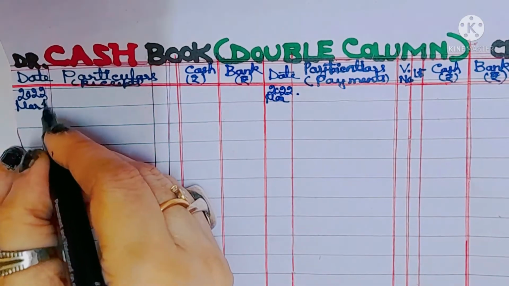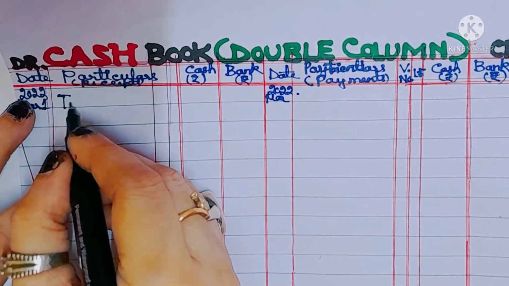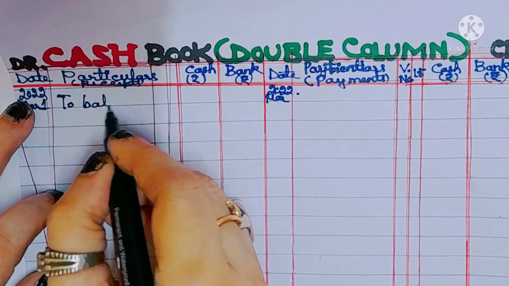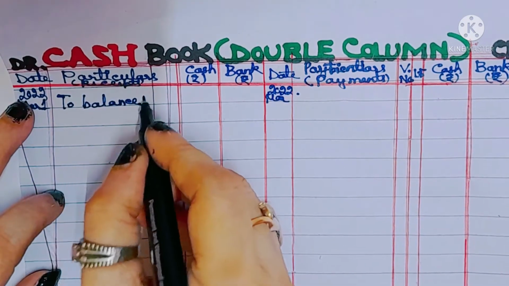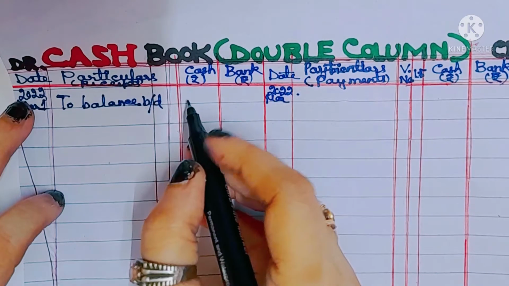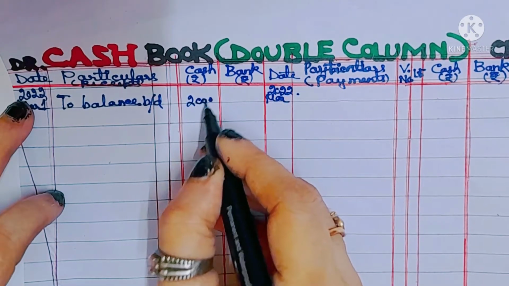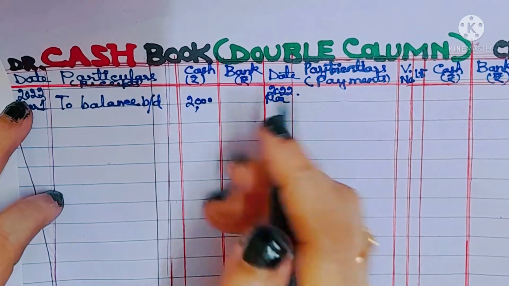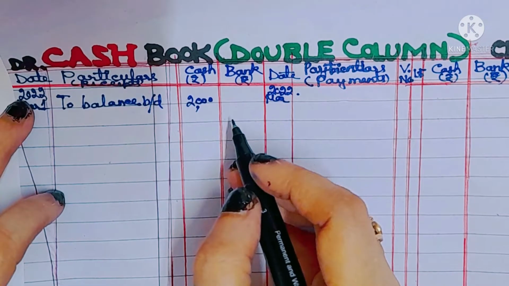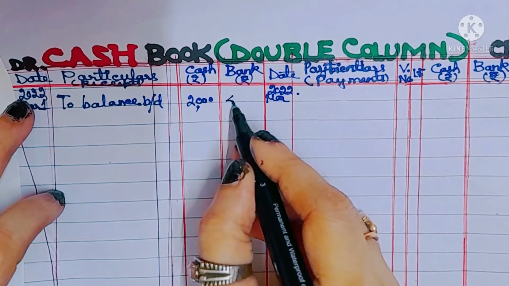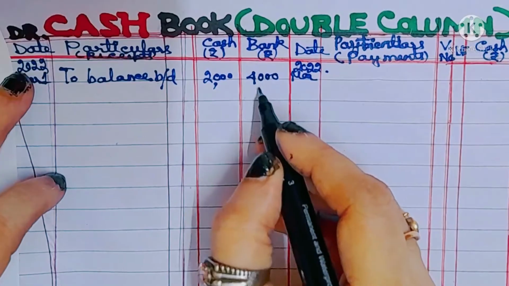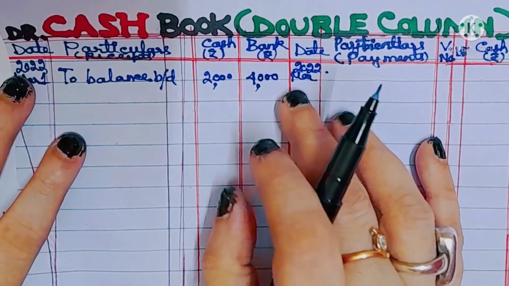So 1st March to balance BD, cash column mein koto? Cash in hand 2000, because this is the opening cash in hand, so it should be in the cash column, and cash at bank 4000, so it is a cash at bank balance, so it should be written in the bank column.